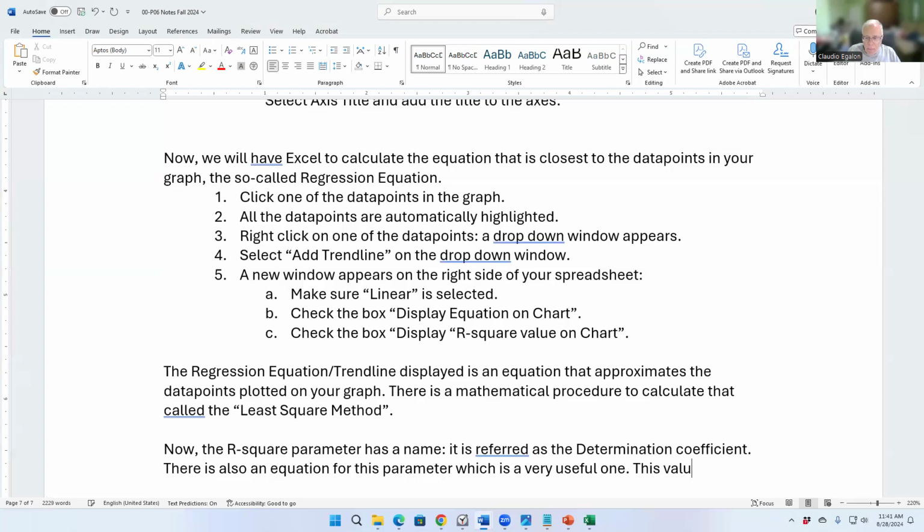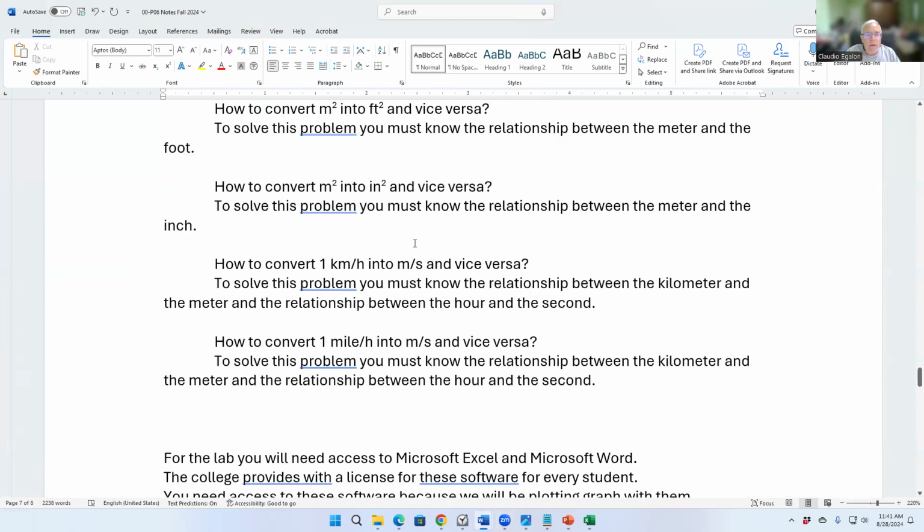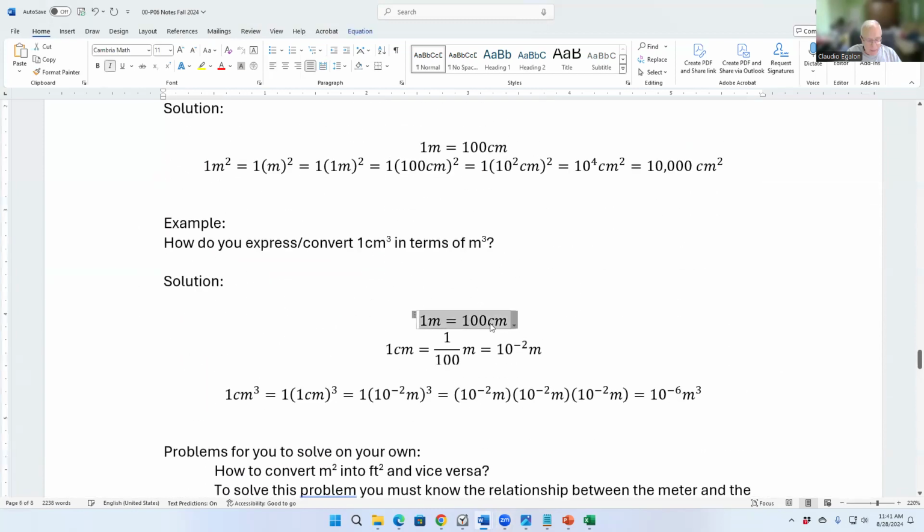This value, R square, can assume values anywhere between 0 and 1. I'm going to write that down here for you. 0 is less than or equal to R square.